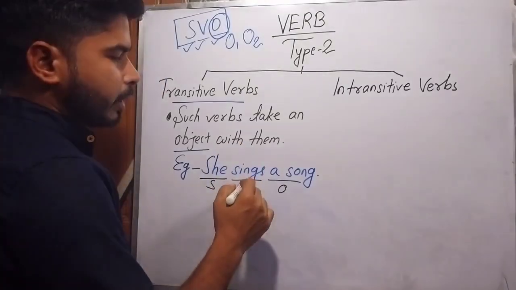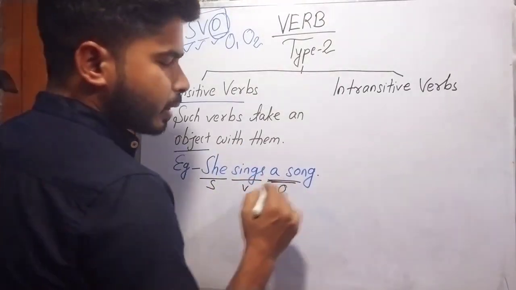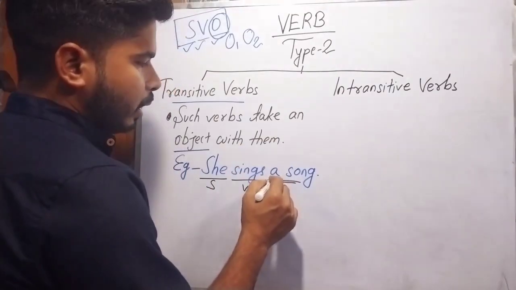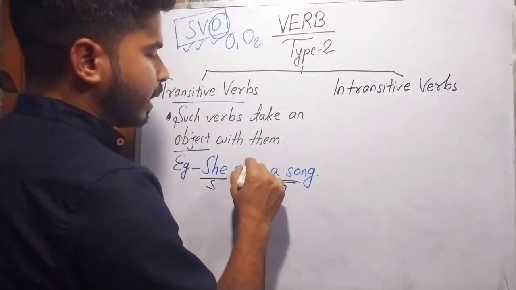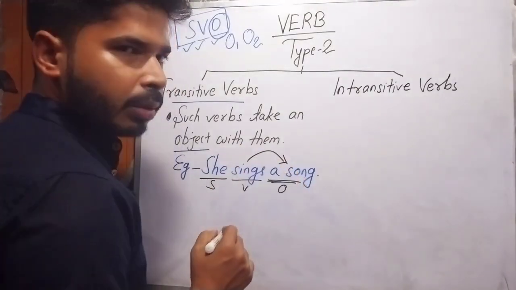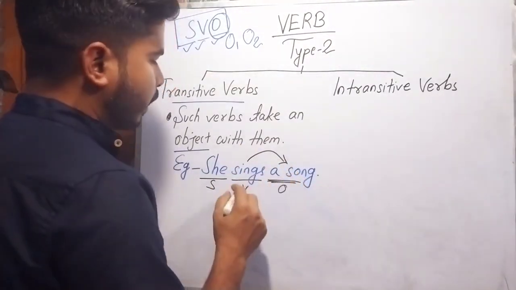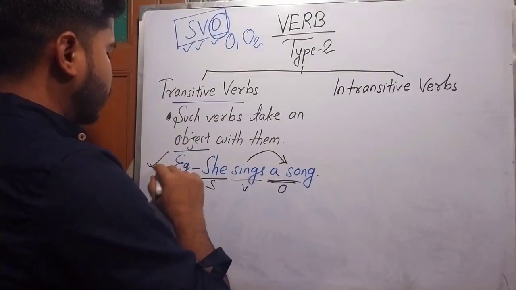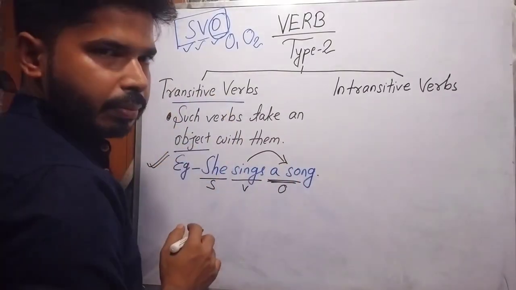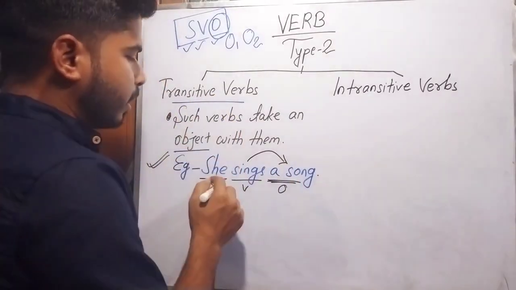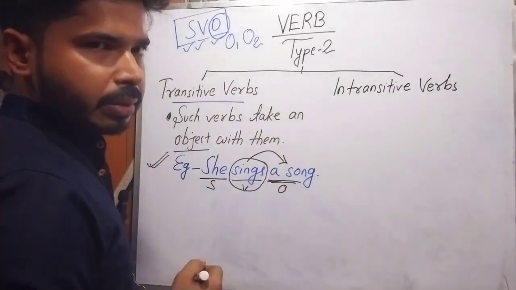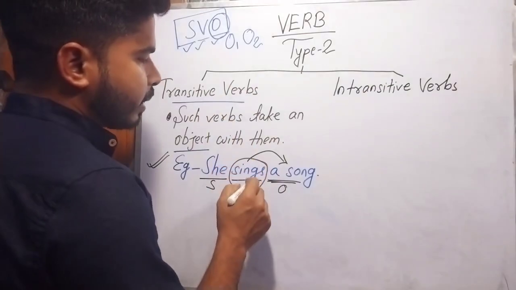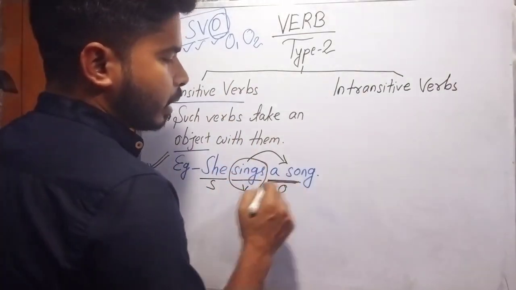Then in this sentence a song is the object, and as a song is the object, we can say that the verb sings is taking an object with it, that is a song, and that's why the whole sentence is called a transitive sentence. And sings basically is a transitive verb, because it is taking an object with it, a song.